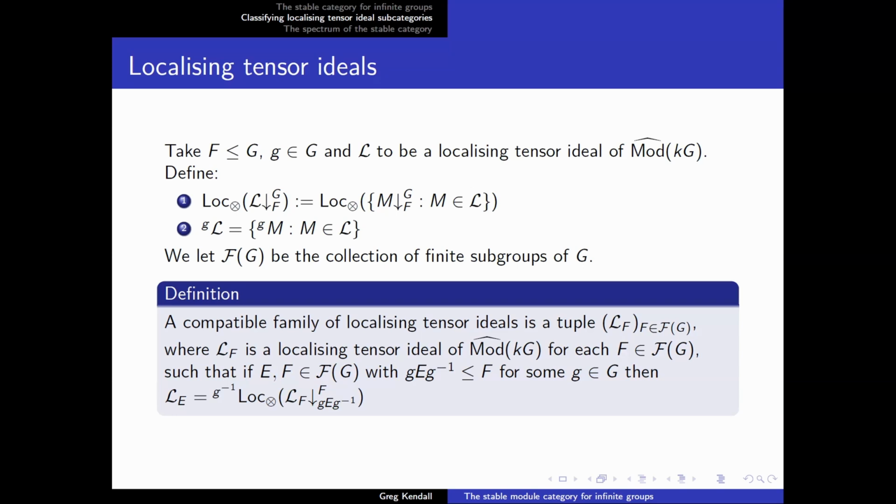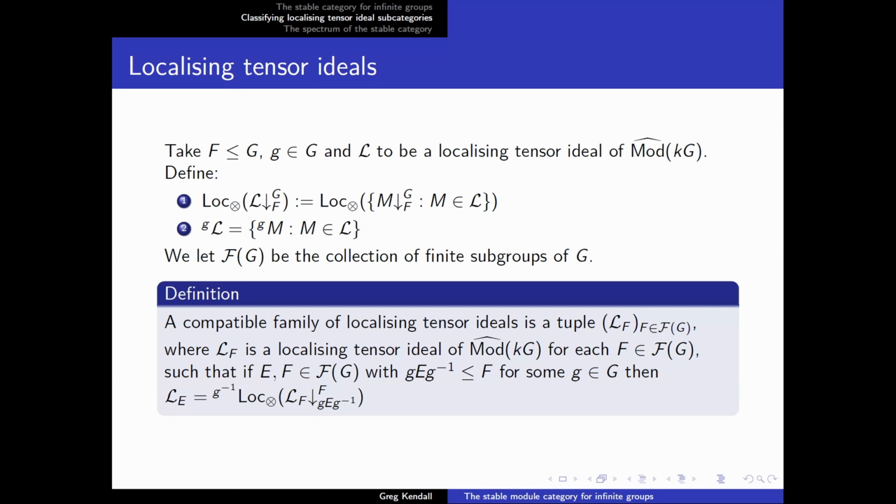And similarly, if we have conjugate subgroups, and we restrict to one and to the other, these are just going to be conjugated ideals where we've literally just taken all of the modules and conjugated them. And so that's what a compatible family is. It's a collection of ideals in the stable categories for all the finite subgroups that satisfy these compatibility conditions.